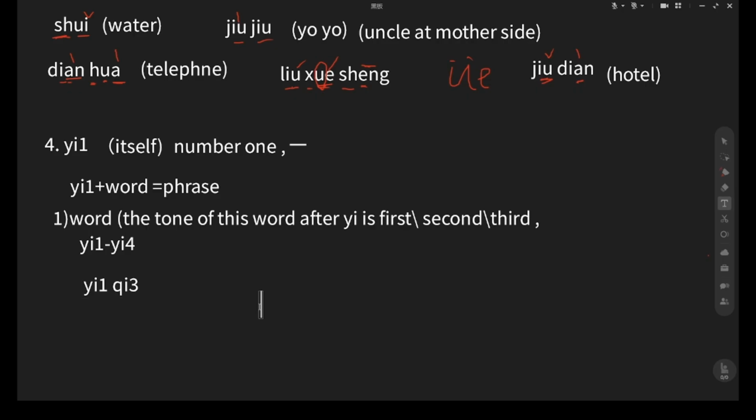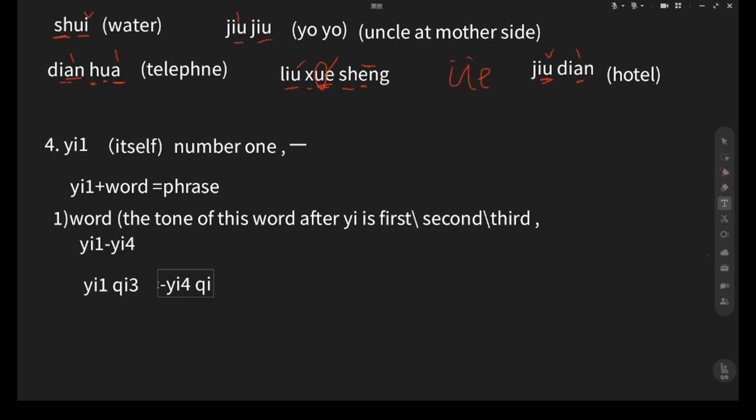you see how to read this pinyin? E, qi, so Yīxià. But you see, the tone of the word after E is 1, 2, 3. Then we change the E to the fourth tone. So this E, we don't pronounce it in the first tone, we pronounce it in the fourth tone.